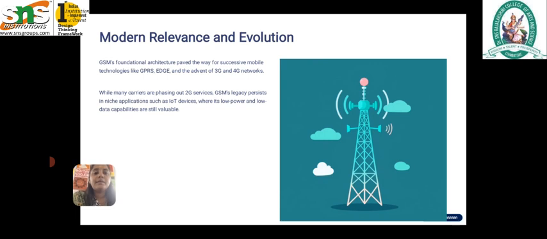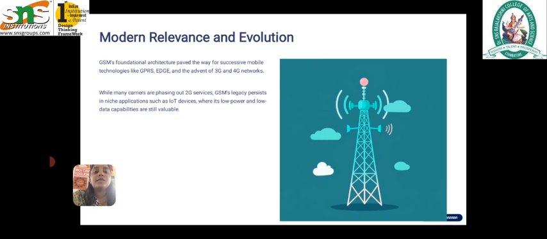Modern relevance and evolution. GSM's foundational architecture paved the way for successful mobility technologies like GPRS, EDGE, and the advent of 3G and 4G networks.